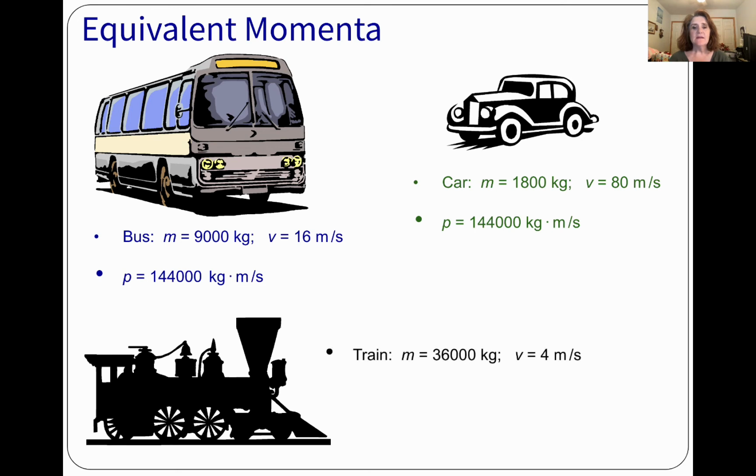And a train that is 36,000 kilograms but moving only at 4 meters per second has a momentum of 144,000 kilogram meters per second. Momentum is the capacity with which you could stop the object. All three of these would be equally difficult to stop or to start.